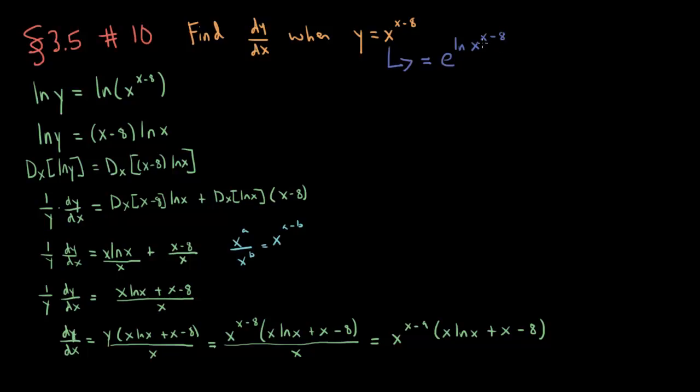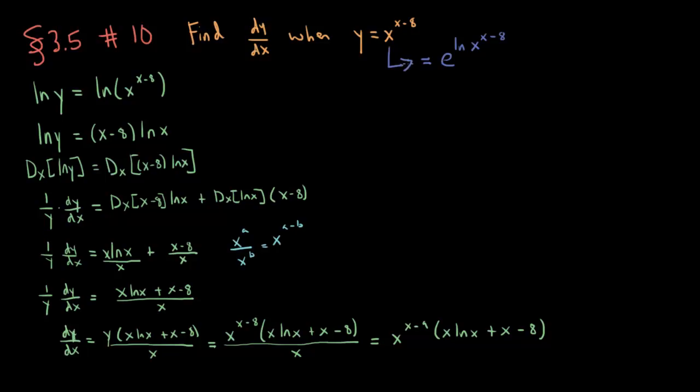This is another technique that's pretty common in solving equations. We have e to the natural log. Those are inverse functions, so they undo each other. And so this right here is exactly equal to x to the x minus 8 power.